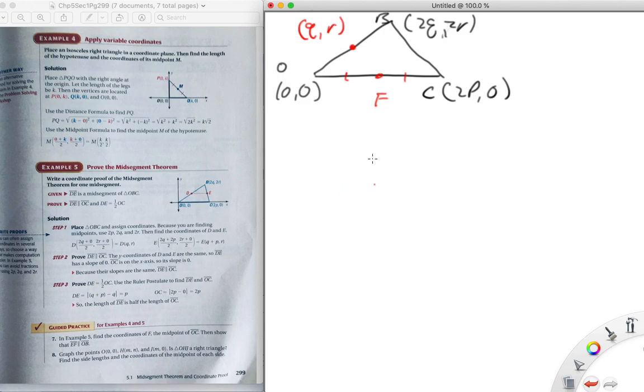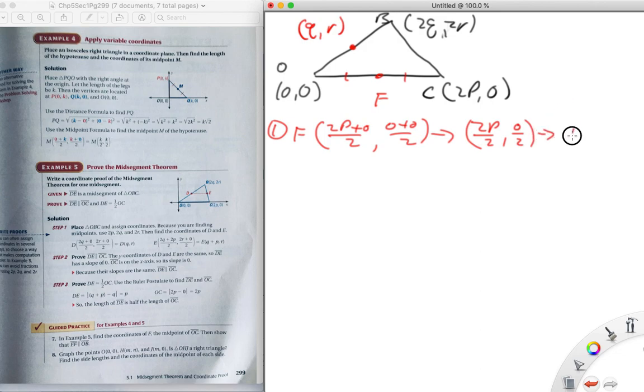So we just have to find the midpoint of F. So step 1, find F. So the midpoint of F is going to be 2p plus 0 over 2 and 0 plus 0 over 2, which is 2p over 2, 0 over 2, which is p, 0.